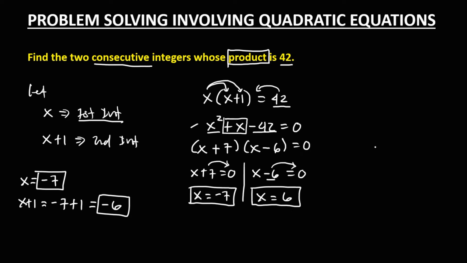And the other one, if x equals positive 6, then the second integer is x plus 1, or 6 plus 1, that's 7. So the two consecutive integers are 6 and positive 7. These are the two consecutive integers whose product is 42.